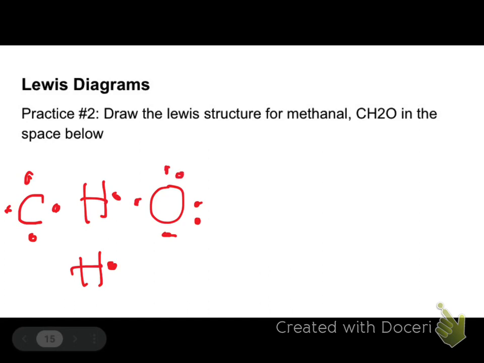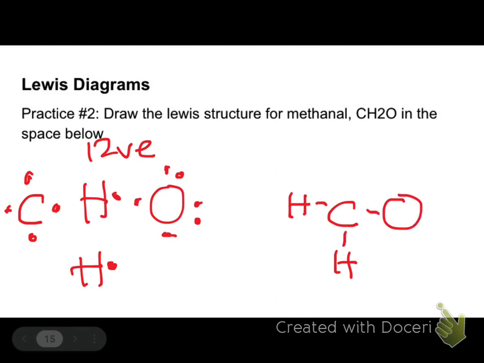Okay, so how many total valence electrons? 12 valence electrons. Which atom's going in the middle of our structure? C, carbon, yes. And then we're going to put an H and an O in, and we're going to connect them with our lovely little single bonds.